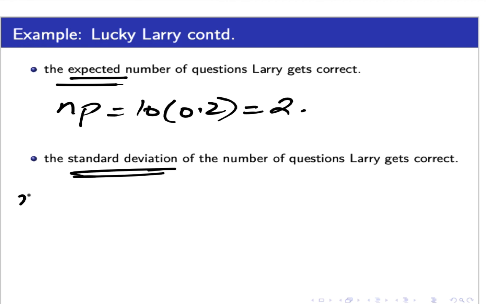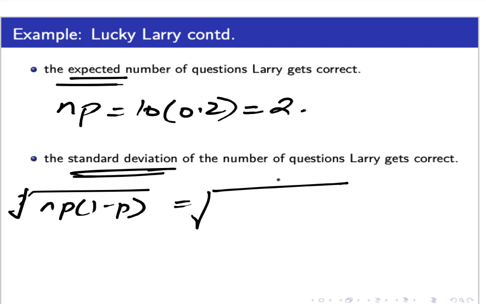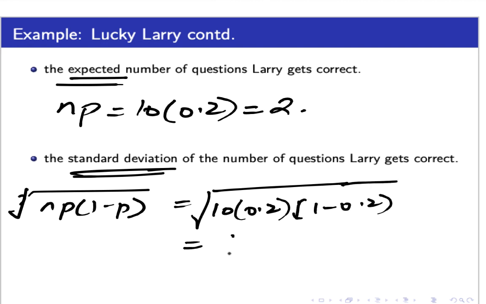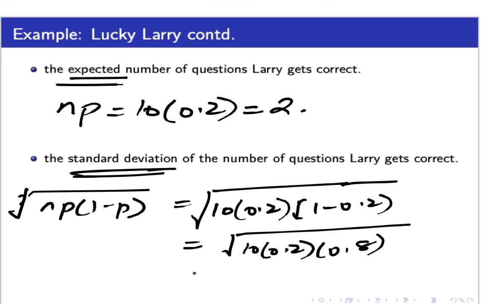It's the square root of n times p times 1 minus p, square root of 10 times 0.2 times 1 minus 0.2, which is 10 times 0.2 times 0.8. So let's do the math here, guys. So the answer is 1.264 something. Okay.